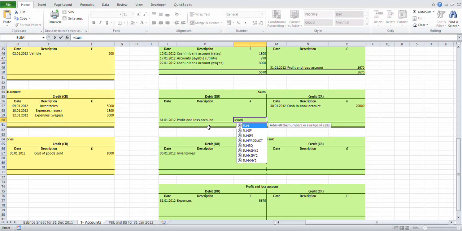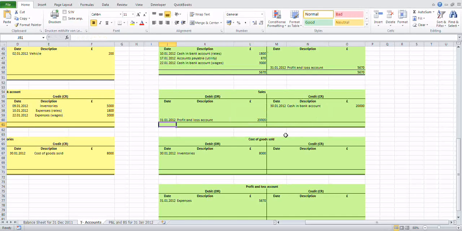And again, we select the sum of the larger side, which is here, minus the sum of the smaller side. Just to be consistent. 20,000. Just like before.